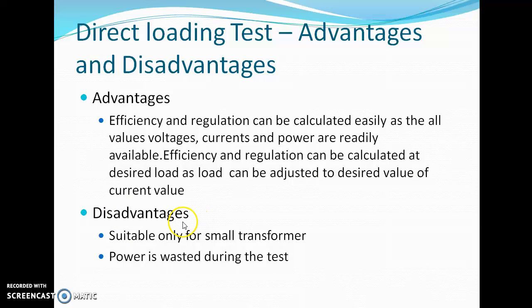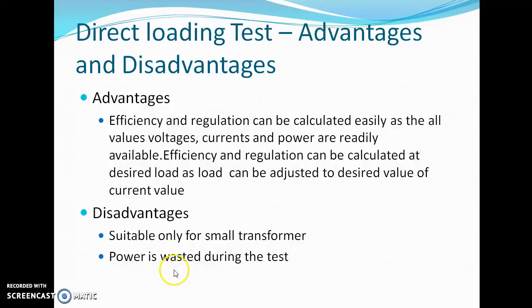The main disadvantage of this is that we have to arrange the load in the lab. Therefore, if the transformer is large, that much load cannot be adjusted in the lab, and therefore the direct loading test is suitable only for small transformers, and large transformers cannot be tested using this test.